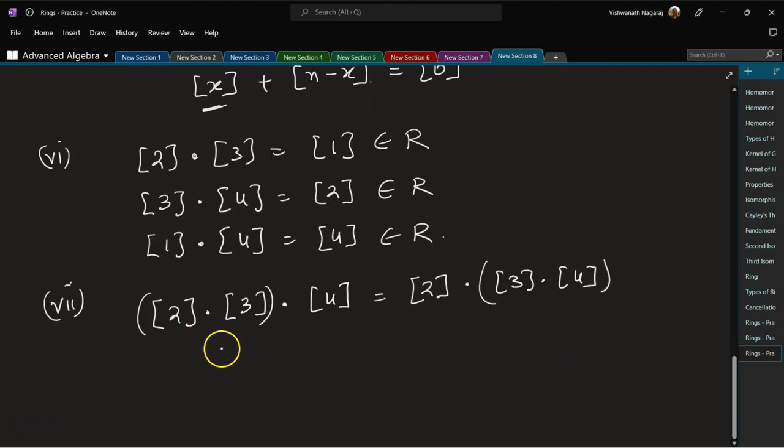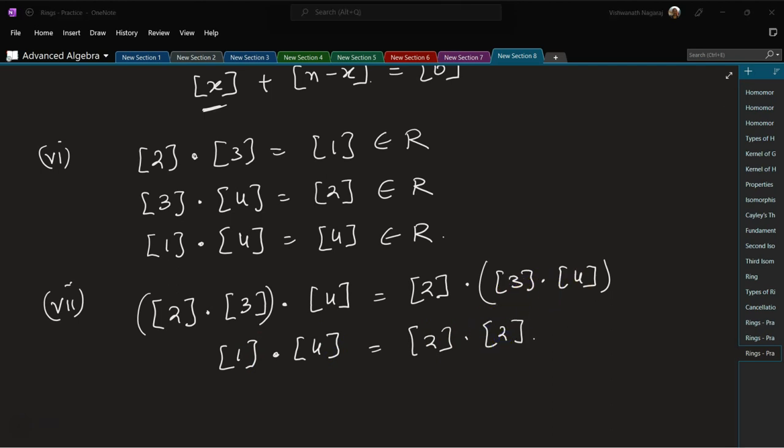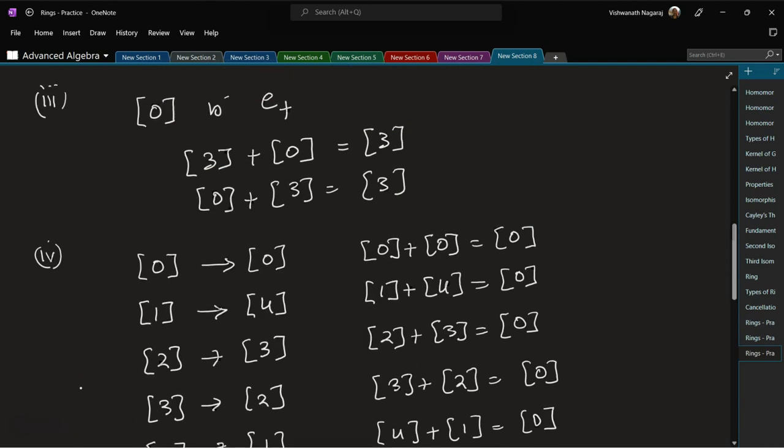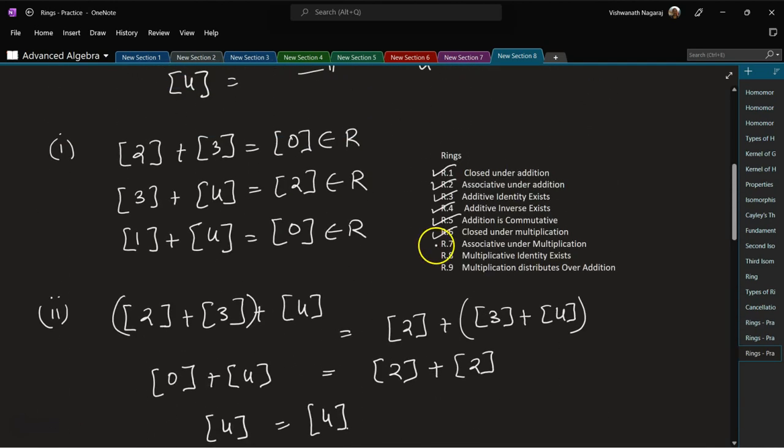So what will this be? 3 times 2 is 6. 6 mod 5 is 1. 1 times 4 is 4. 2 times 3 times 4: 3 times 4 is 12. 12 mod 5 is 2. Here again 2 times 2 is 4. 4 mod 5 is 4. So it is associative under multiplication.